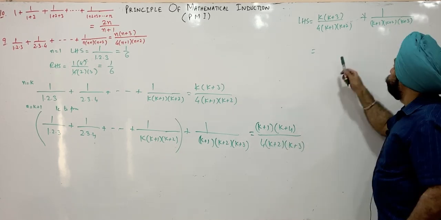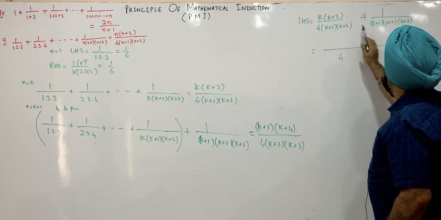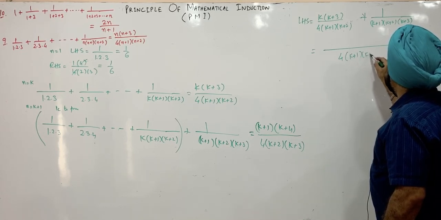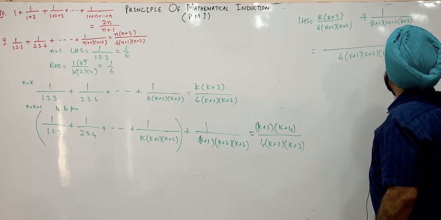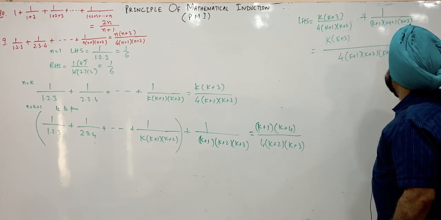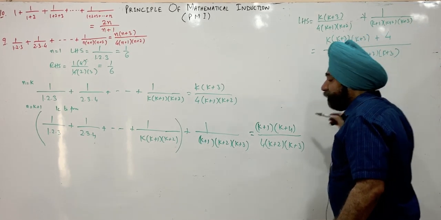We need 4 here, so let's take LCM. This is 4 into (k plus 1), (k plus 2), (k plus 3). This is k plus 3, and we'll have k plus 3 here, and this will be 4.